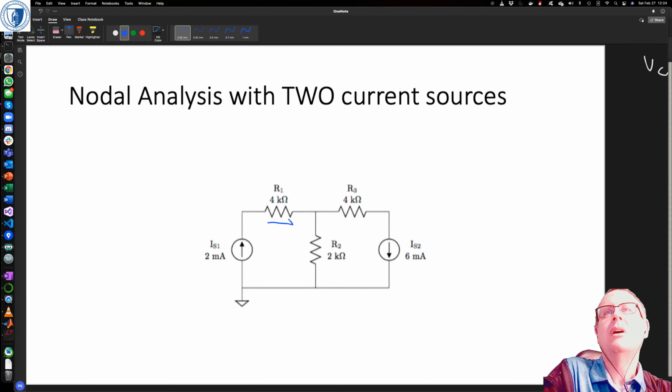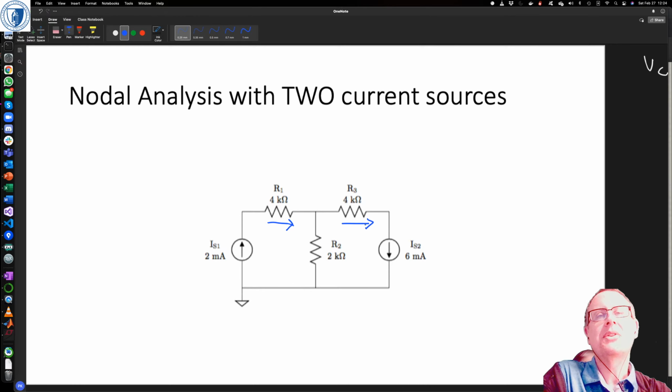So IR1 is just going to be equal to IS1, and IR3 is just going to be equal to IS2, provided you define them in the directions that I've just drawn. There's nowhere else for the current to go.